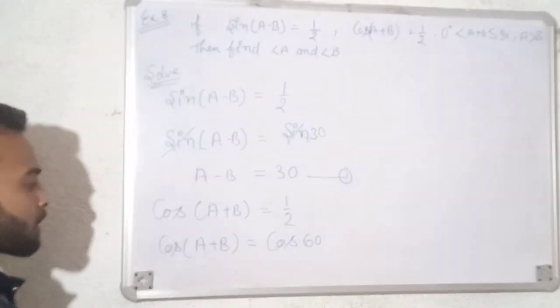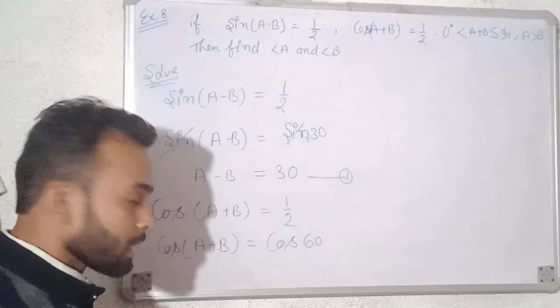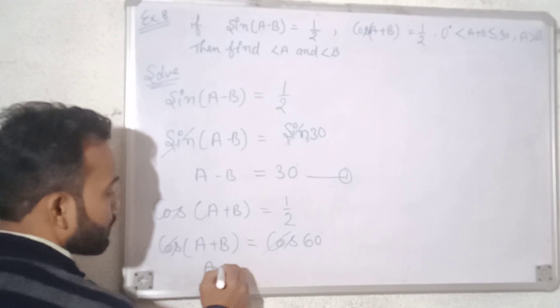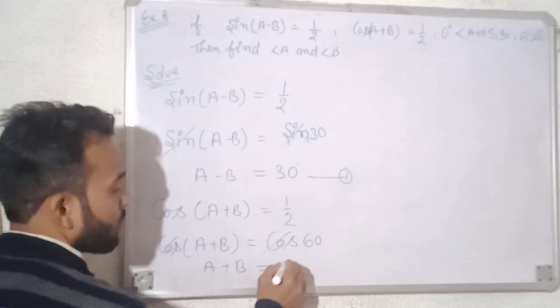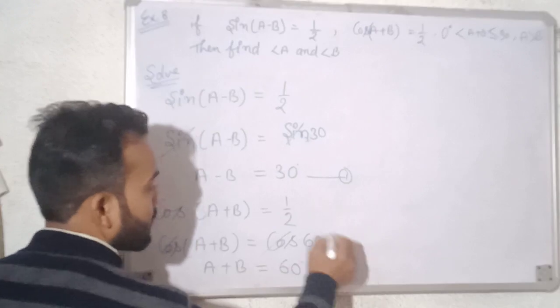Clear? This cos will be transferred from left to right and cancelled. So A plus B is equal to 60 degree. This will be equation second.